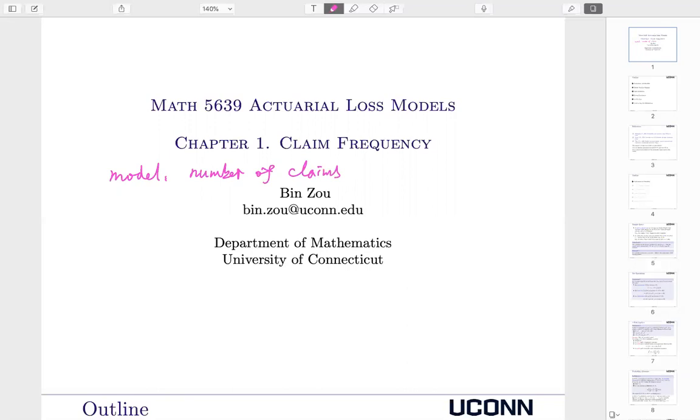In most applications, we will probably focus on a pool of policies. That means we look at this problem from the angle of insurance companies, right? Usually insurance companies do not care about a single policy, but rather consider all the policies pooled together.